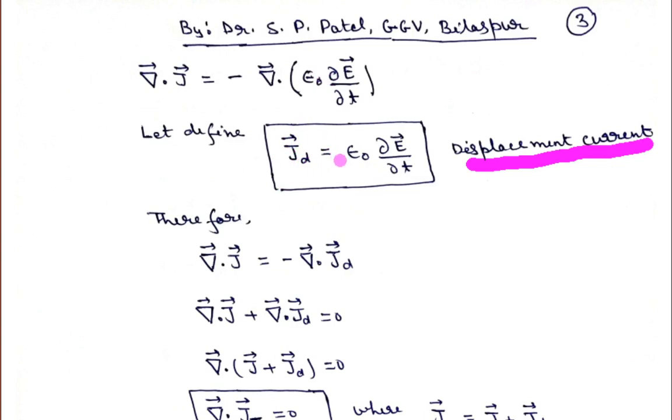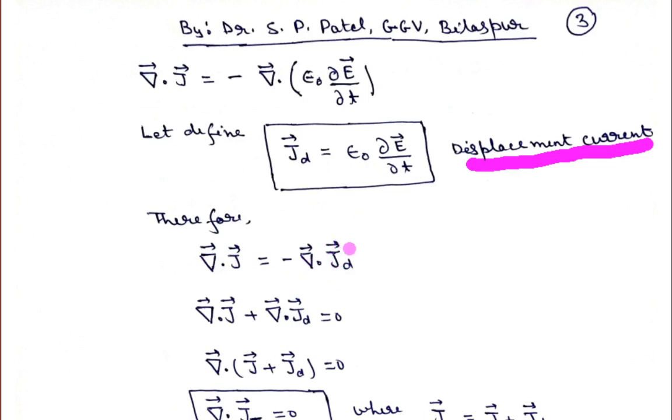So J_D vector is equal to epsilon 0 del E upon del t. We can write divergence of J is equal to minus divergence of J_D. It means both are current densities, this J is current density and J_D is also current density.